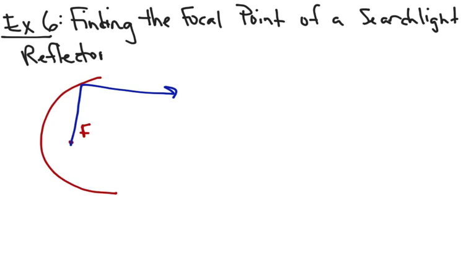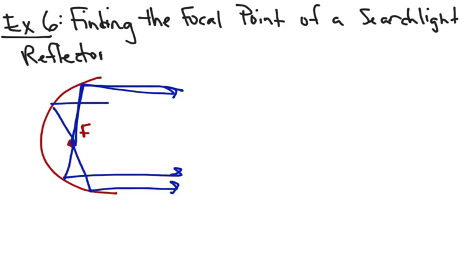So if we consider the focal point, let's go back to this. If this is where the light source is, when the light reflects out and hits the parabola, the point where it hits and where it reflects off is always going to be parallel to the axis of symmetry, which is kind of the way that a flashlight works.